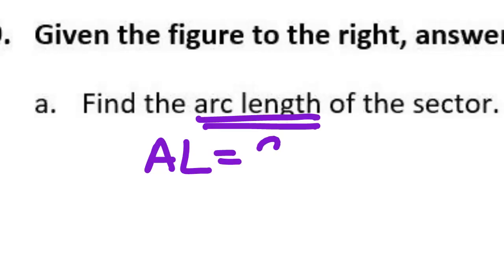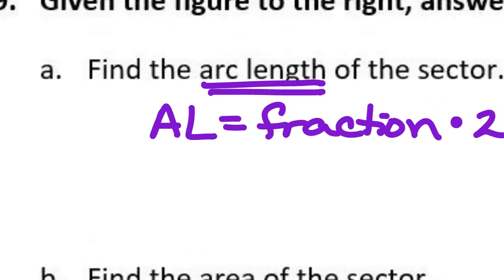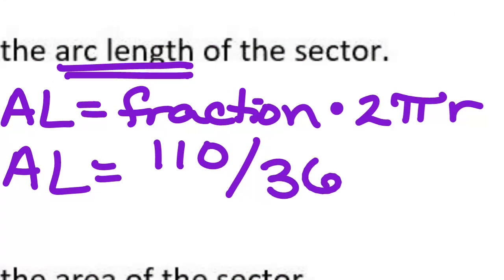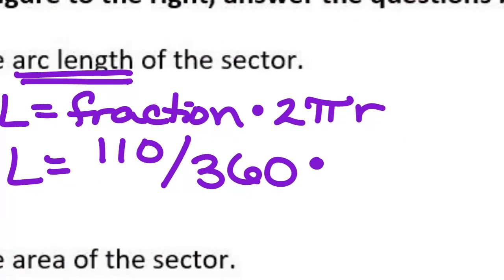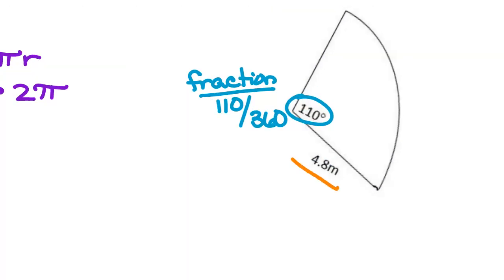Arc length is equal to the fraction of the circle that we are looking at, not times pi r squared. Pi r squared finds area. This is times 2 pi r. So I have 110 out of 360 times 2 pi times, how big is the radius? 4.8.